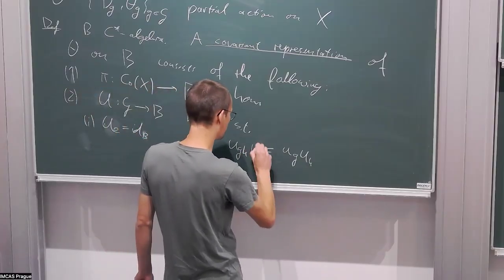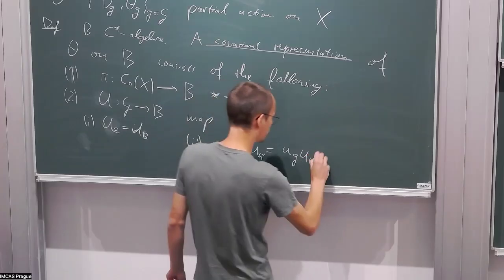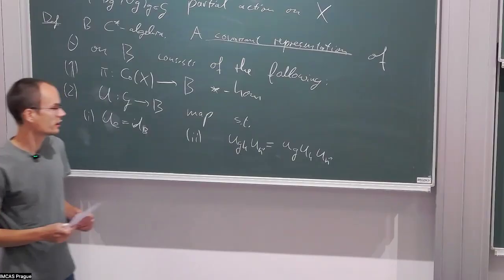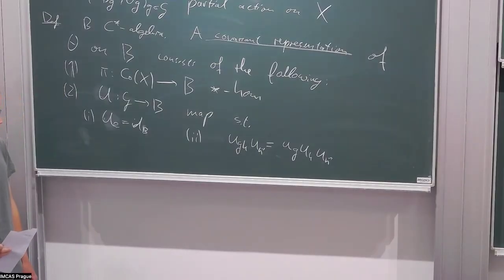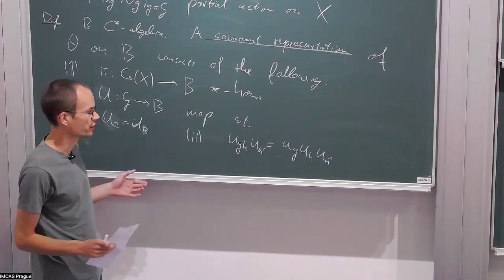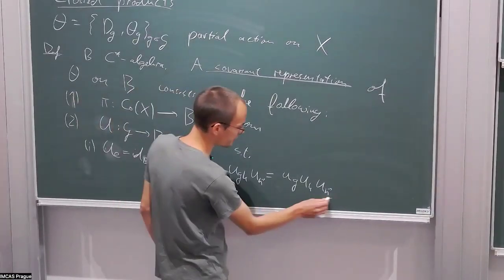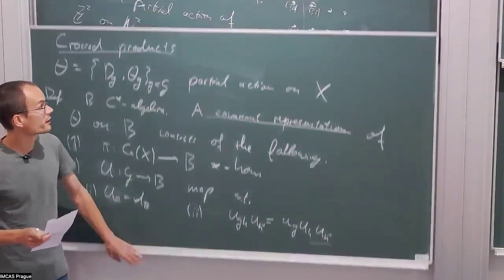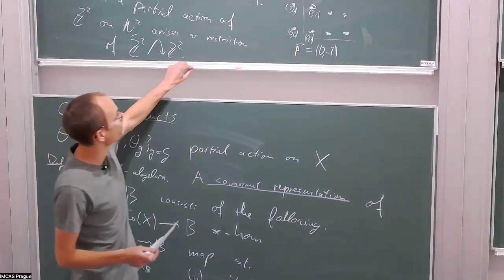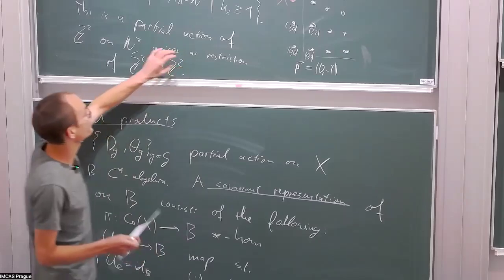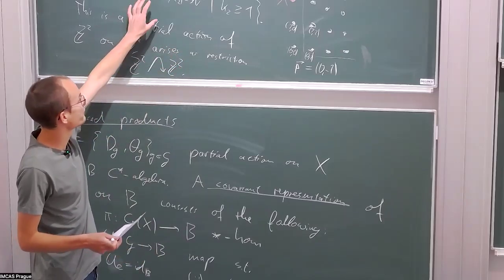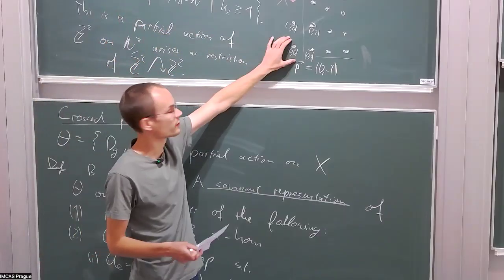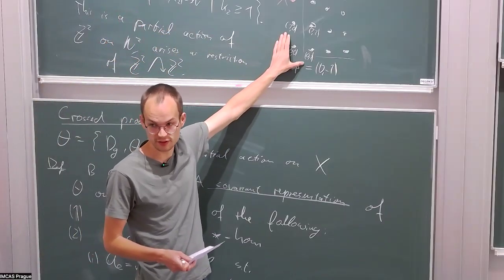But this is equal if we multiply with some other guy. So if we multiply with U_H inverse, then it works. And note in particular, this means that U_H inverse is not just the identity. So that's a little bit weird. But think about this example, right? Here, spoiler alert, we will be able to represent this partial action using shift operators on the L2 space of this guy.